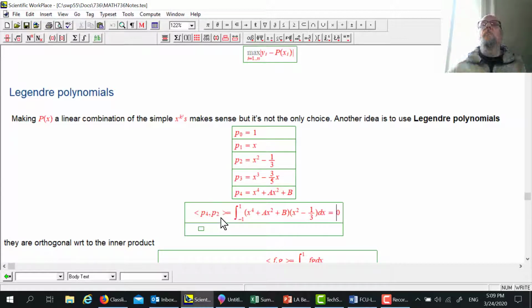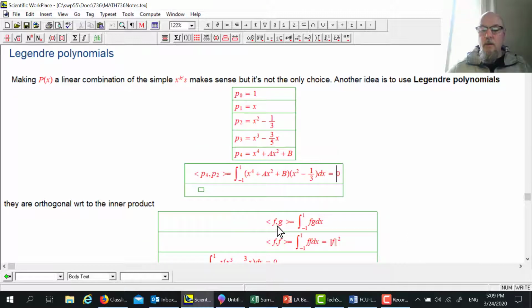Oh, so let's get that out of the way right now. Since by definition, when I take the inner product of two functions, I just multiply them and then integrate them, then f dot product g is the same thing as g dot product f, because I'm just integrating them.